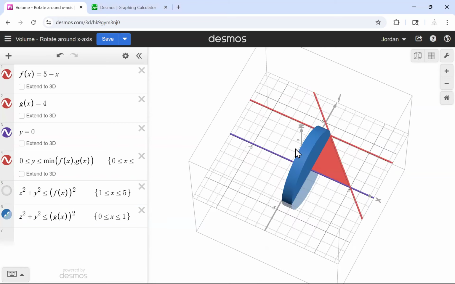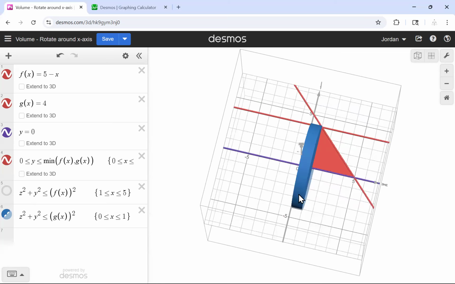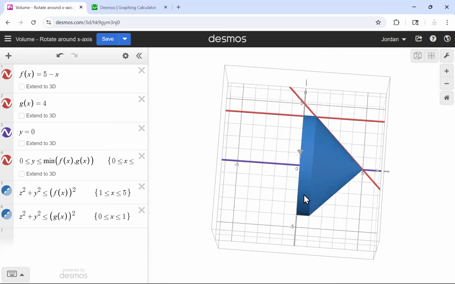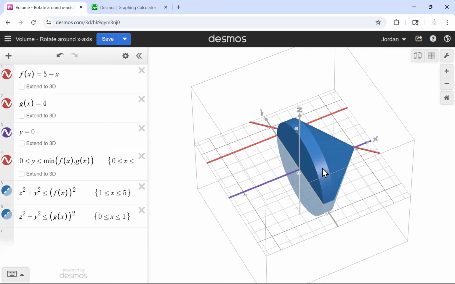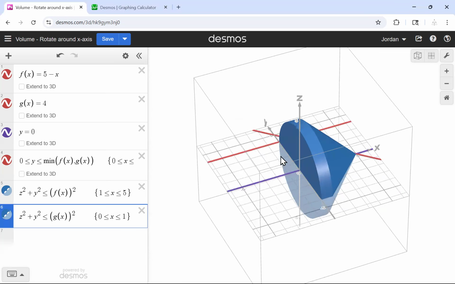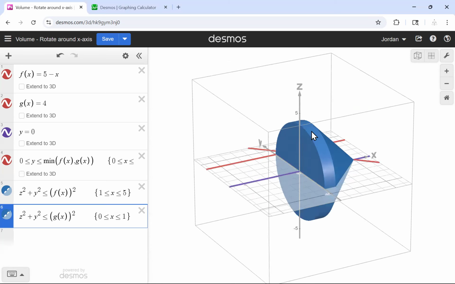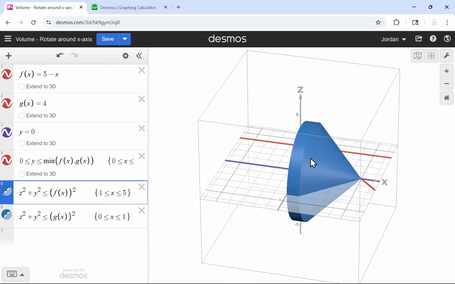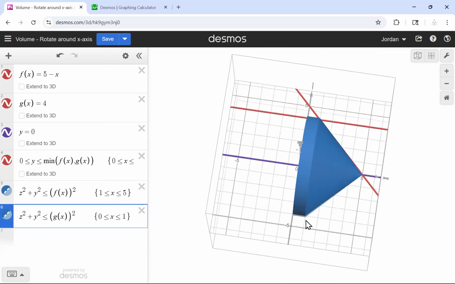From 0 to 1, you just get a nice cylinder. And what we're doing is essentially combining these. So we end up with this figure here. And we're saying that this figure has a volume of roughly 117.29.